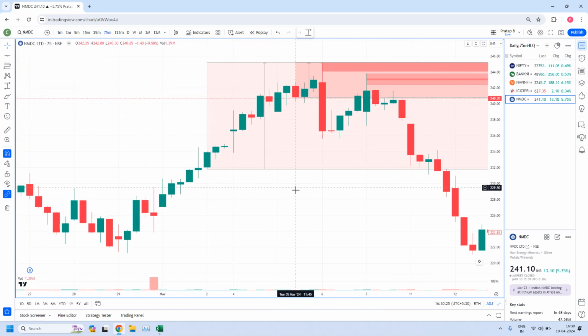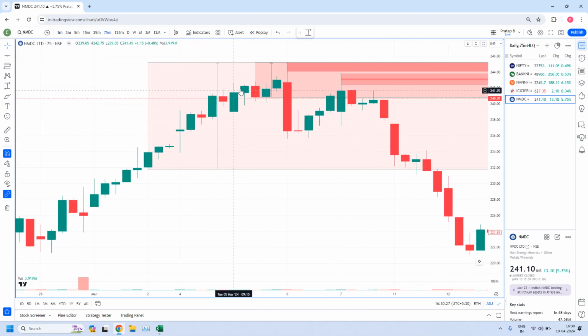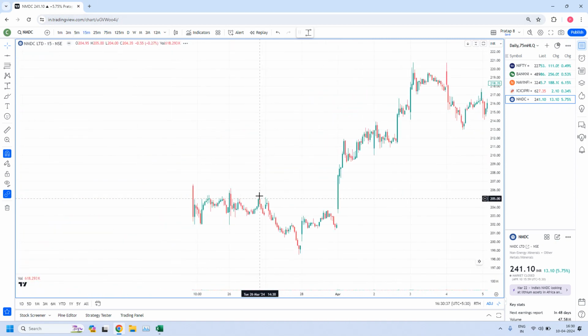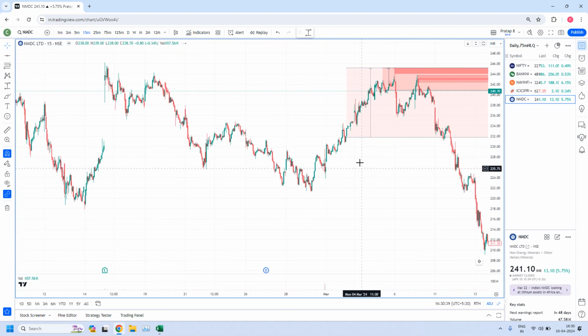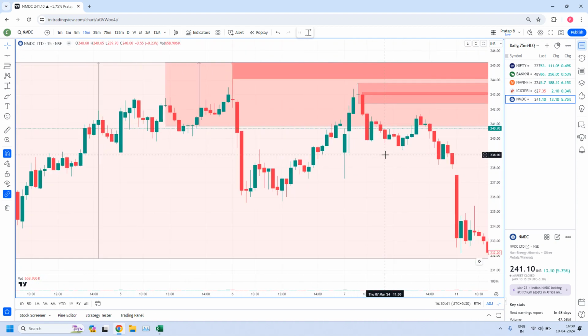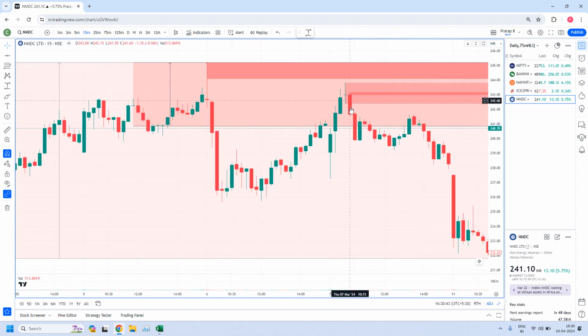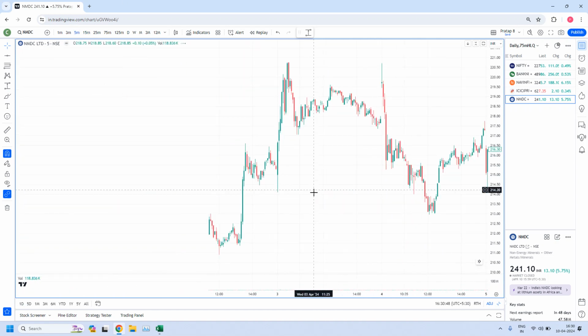See, this is the daily zone. Inside this daily we have a rally, 1, 2, 3, 4 base candles and a drop candle. This is the 75 minute zone. So inside this 75 minute zone, now we have this 15 minute zone. We have a rally, base, drop. And within this we have again the fine-tuned 5 minute zone.